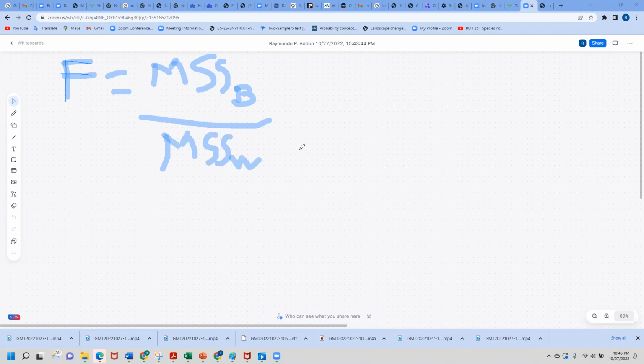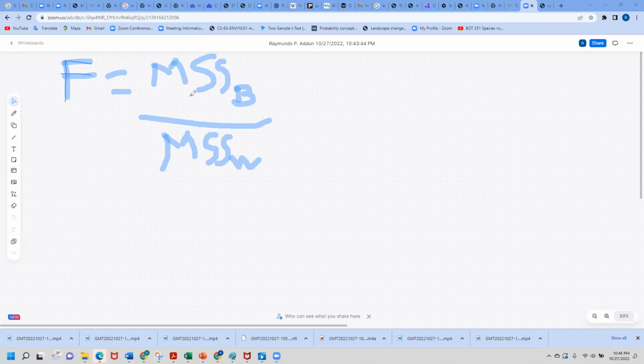There are many books, different books have different names, right? What are the different names of the sum of squares between?